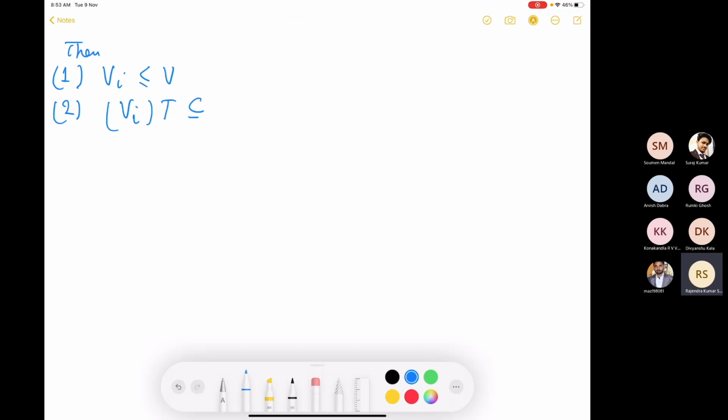Subspace. This T invariant subspace, that means a subspace.